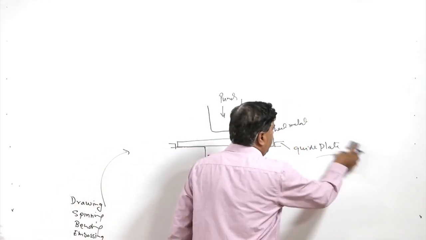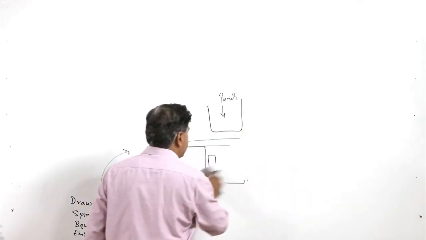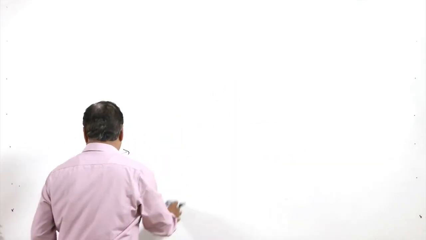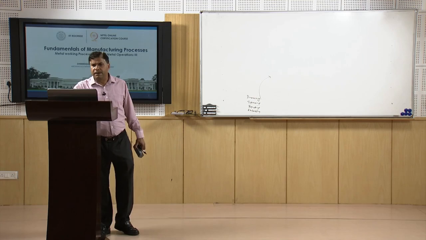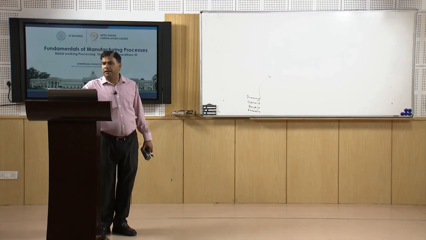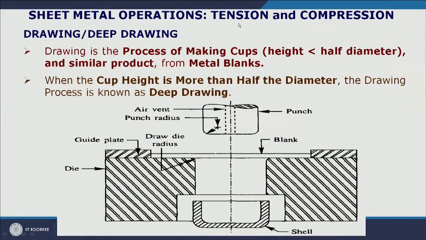If you have to see the finer details of the process, maybe we can see the next slide, wherein this is the sheet metal operation. Basically this process involves the tension as well as the compression. So, there are two variants depending upon the height of the cup to half of the diameter of the cup.